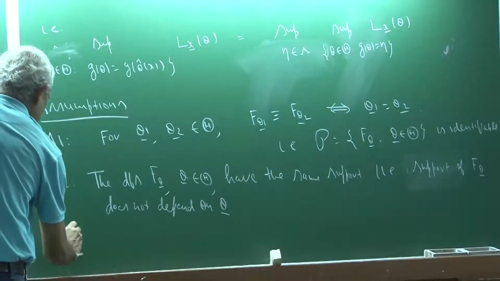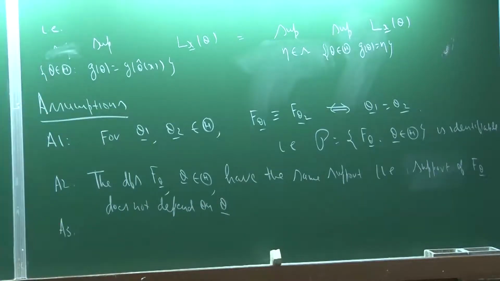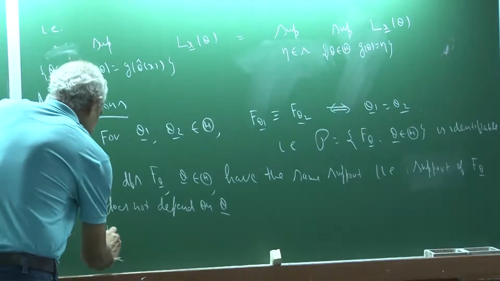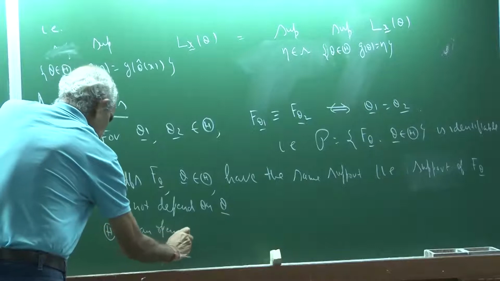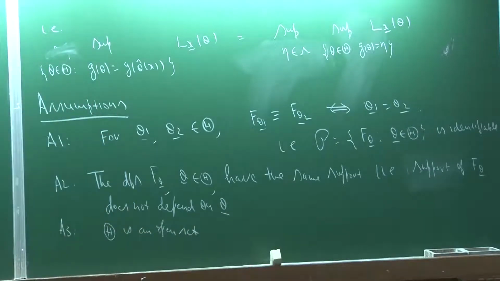Then the third property is that Theta is an open set. So considering points on the boundaries is ruled out.